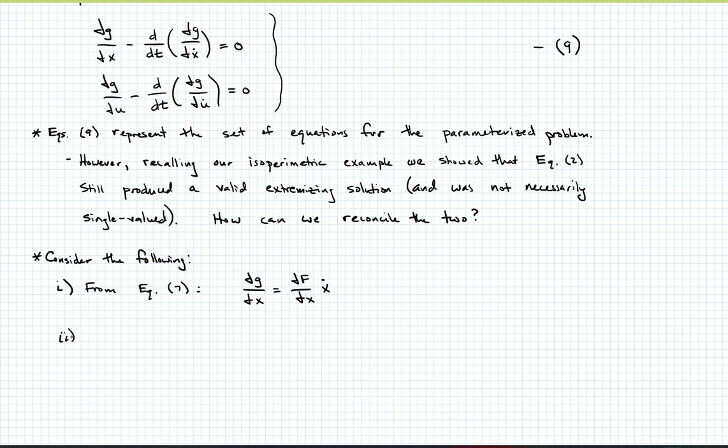Now we're going to look at equation 7 in conjunction with equation 5 and look at the partial of g with respect to x dot.